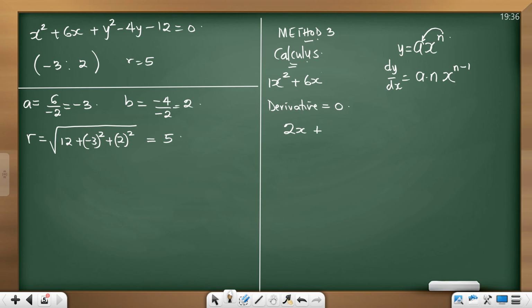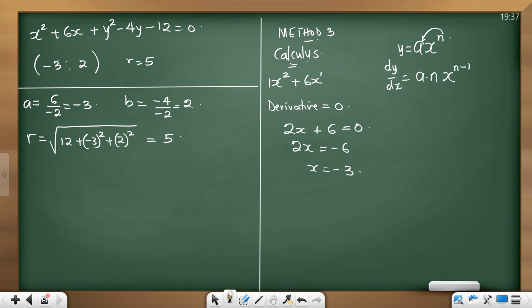Plus, there's a 1 here. What is 1 times 6? 6. We subtract 1 from that exponent, which is x to the power what? 0. And anything to the power 0? 1. Now we are saying this should be equal to what? 0. 2x equals to what? Negative 6. What is the x value? And that gives me my turning point there.